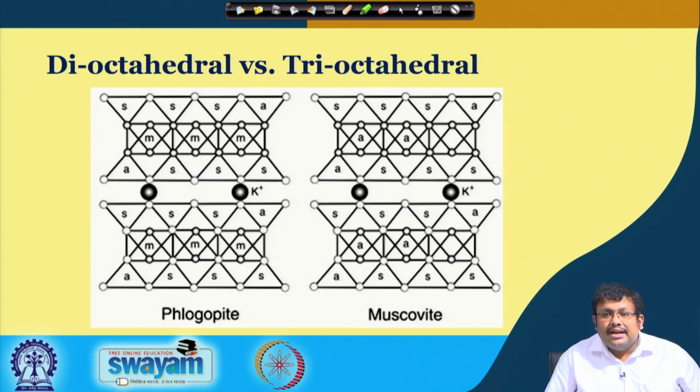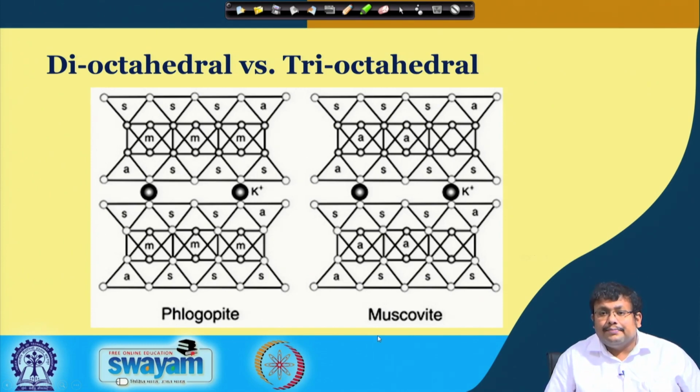An example is phlogopite, and remember one thing, that if there is a divalent cation present like magnesium, then it will give the trioctahedral structure. And if 2 out of these 3 octahedral positions are filled due to the presence of aluminum, that is Al3+, then we will see this is a dioctahedral structure. So, this is called a trioctahedral structure, this is a dioctahedral structure.